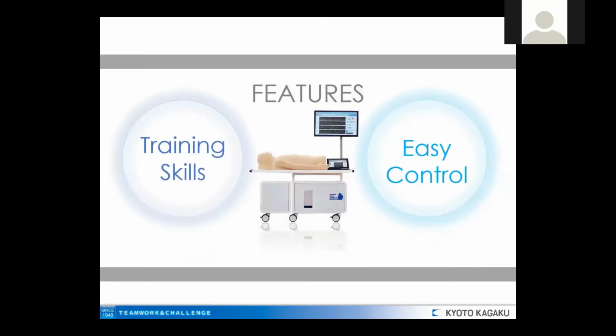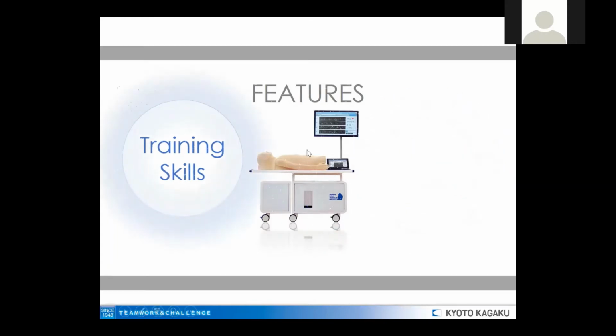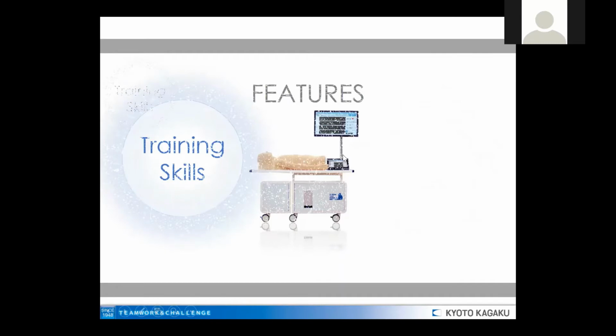And the features, to explain them very easily, because they are a lot, we will split it in two. First, the training skills, and then the way of operating the model. So training skills, and then the easy control. These are the two parts we will be looking at. So let's start with the training skills.